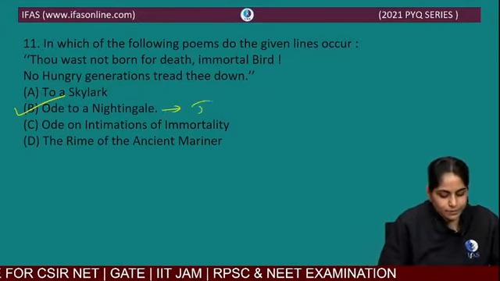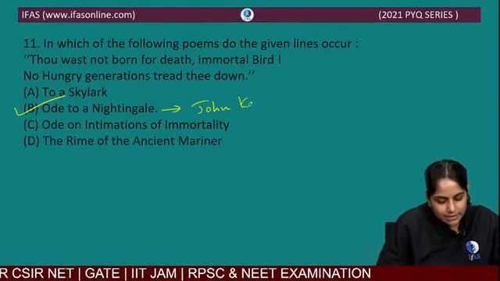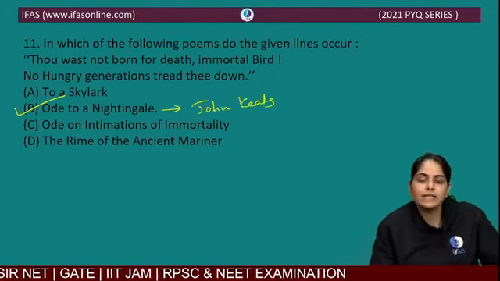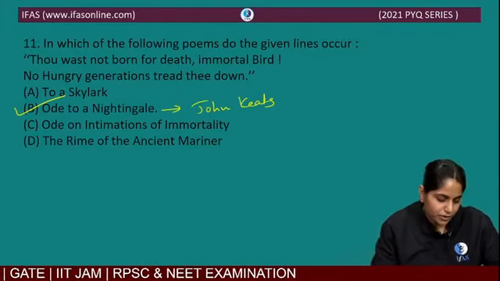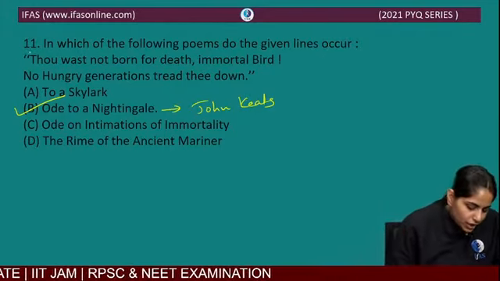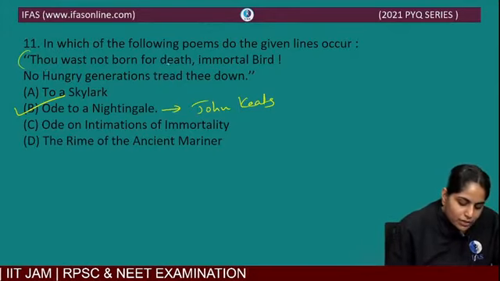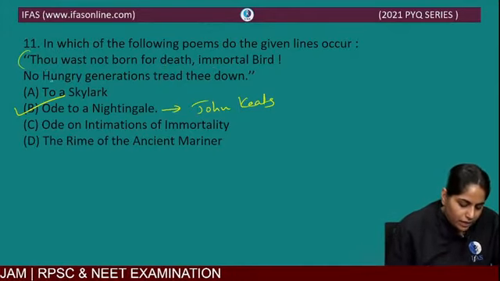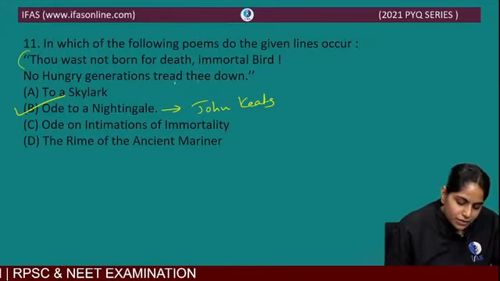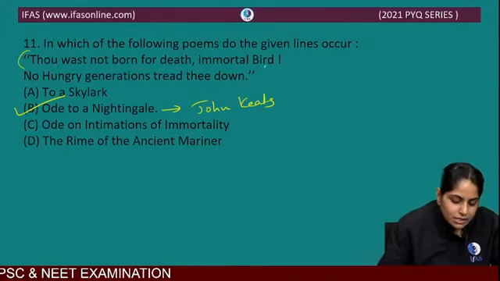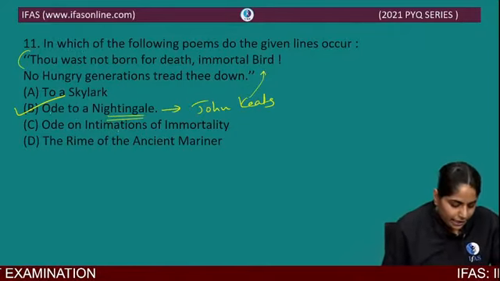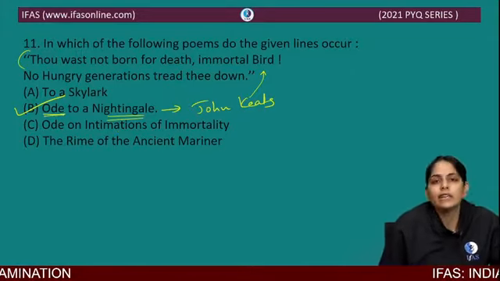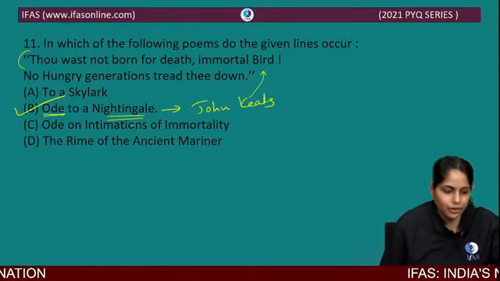I will tell you. John Keats. John Keats is the poet of this poem, Ode to a Nightingale, in which he says, "Thou wast not born for death, immortal bird. No hungry generations tread thee down." So he is talking about the bird, and the nightingale is the name of the bird. Okay, Ode means it is a dedicated song to the nightingale bird.